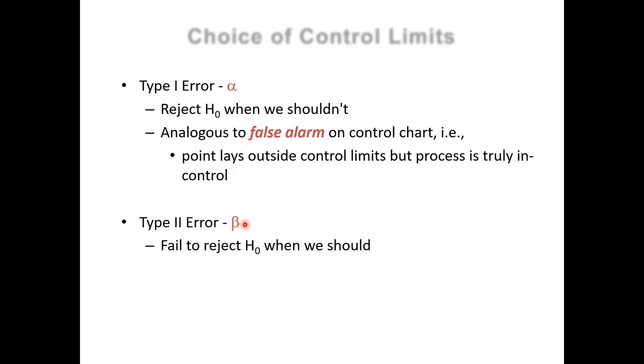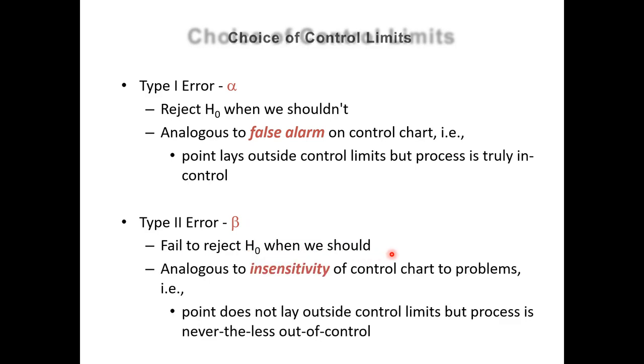The second error is beta. This is where you fail to reject the null hypothesis when we should have rejected the null hypothesis. So this is similar to the problem of insensitivity of our control chart.